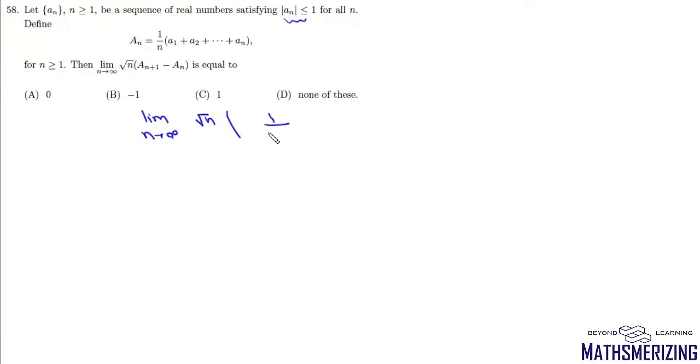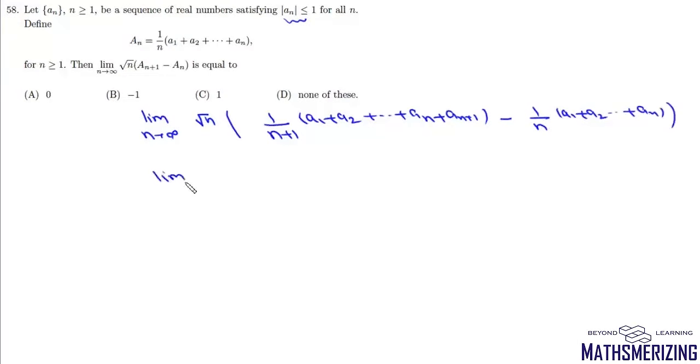It is nothing but 1 upon n plus 1 times (a1 plus a2 plus ... plus an plus a(n+1)) minus 1 upon n times (a1 plus a2 plus ... plus an). Now we'll take the LCM, and we can write this as limit n tends to infinity of root n.